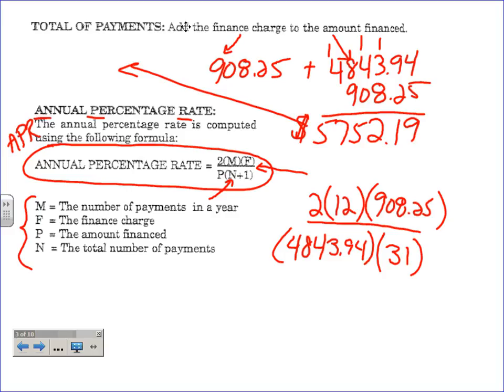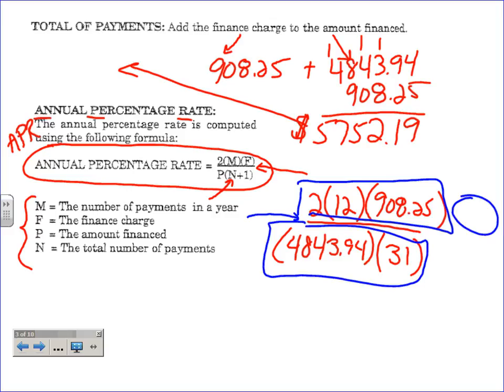So if you have a calculator, you can always do it this way. If you remember from other math, that division bar is actually a grouping symbol, which says do top and bottom separately. You can just figure out what this number is and write it over here, and then figure out what that number is and write it over there, and then take those 2 numbers and divide. That might be the safest, just because I don't know how comfortable you are with your calculator.